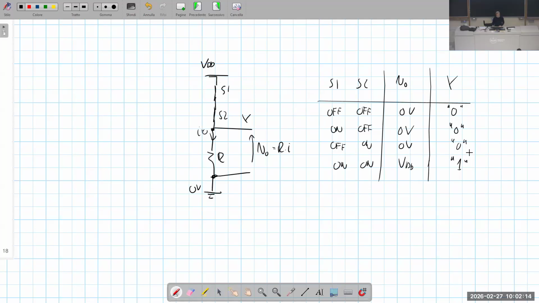Okay? So if we want to relate the logical variable Y, which is encoded in the output voltage of this gate, to the conduction state of the two switches, what we can say is that Y is 1 only when S1 is on and S2 is on.